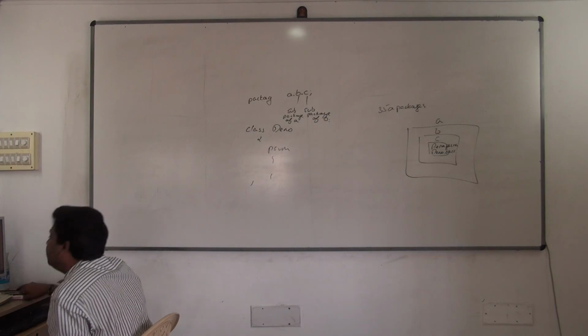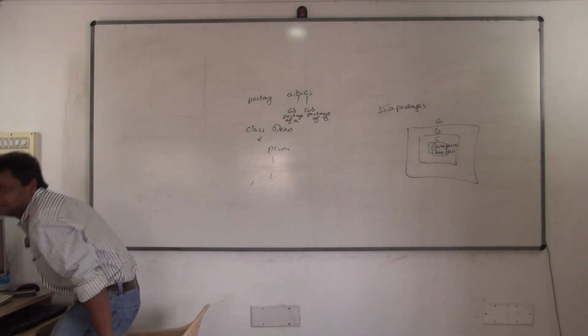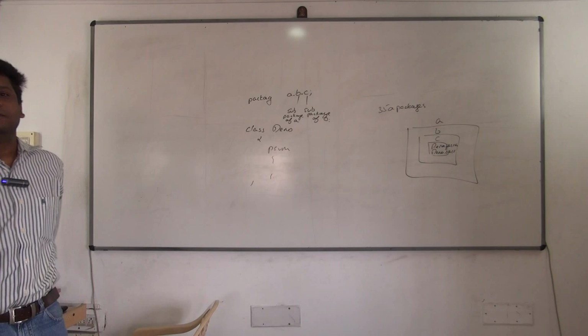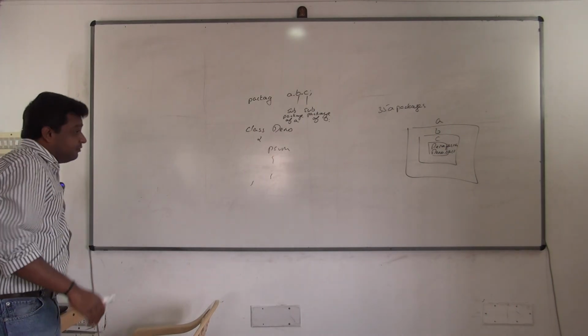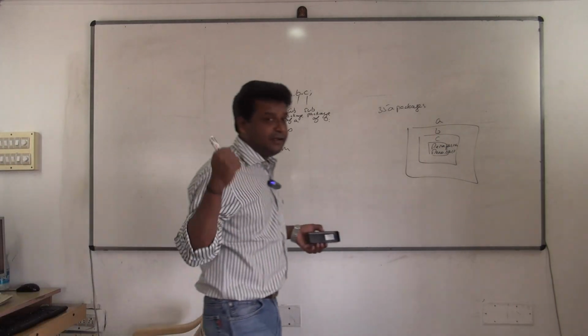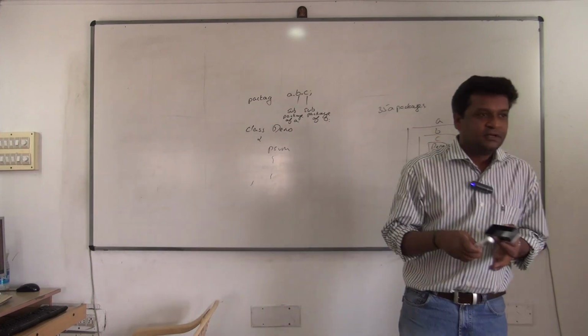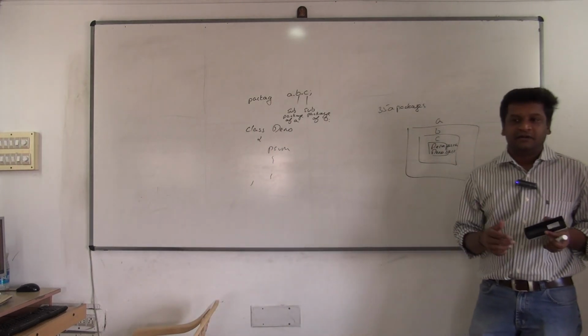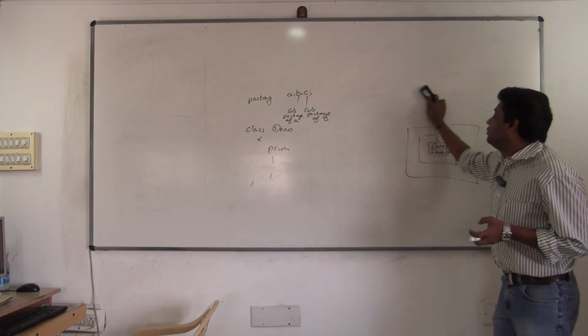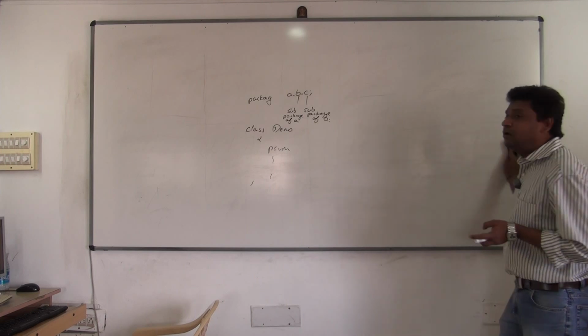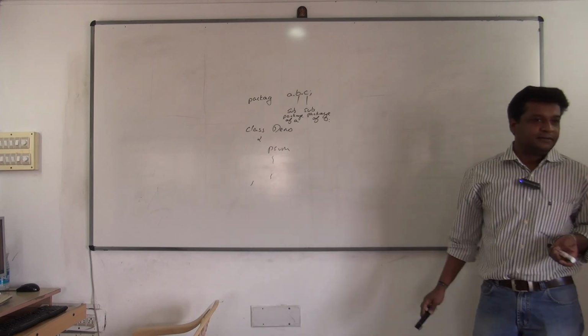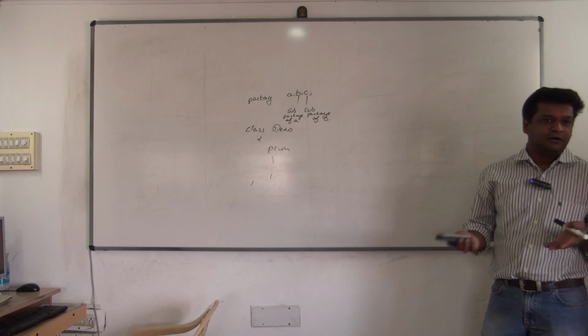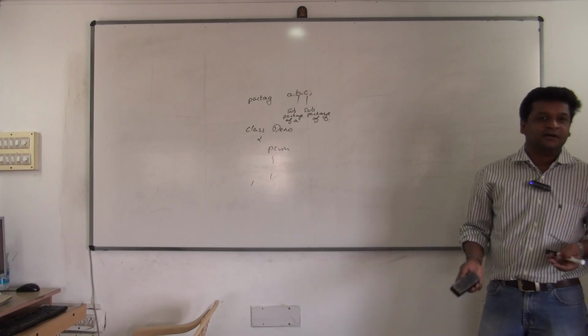Okay. Some more things I'll tell you about packages now. See now, writing the code is not important. When you hand over the code to the client, see all the difficulties of writing code in packages. When you're writing the code, you'll write it. Next, you have to separate the .java and .class files and then give it to the client. Right now your .java and .class are kept in the same folder.